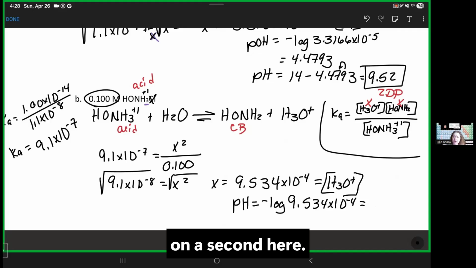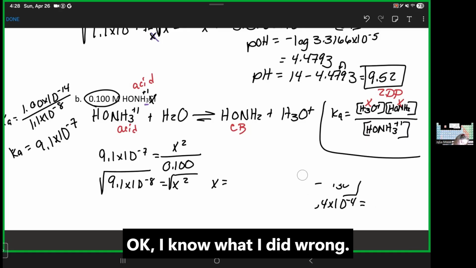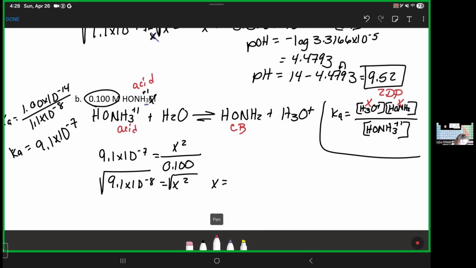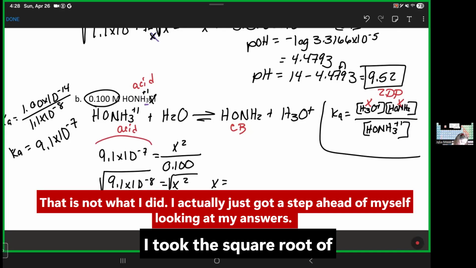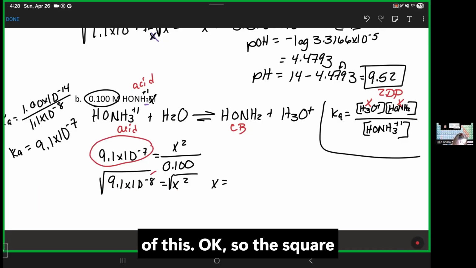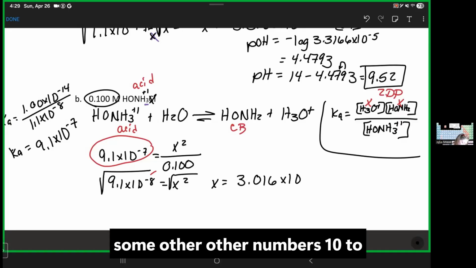Hold on a second here. Okay, I know what I did wrong. I actually took the square root of that instead of the square root of this. Okay, so the square root of that is 3.016 and some other numbers, times 10 to the negative 4.